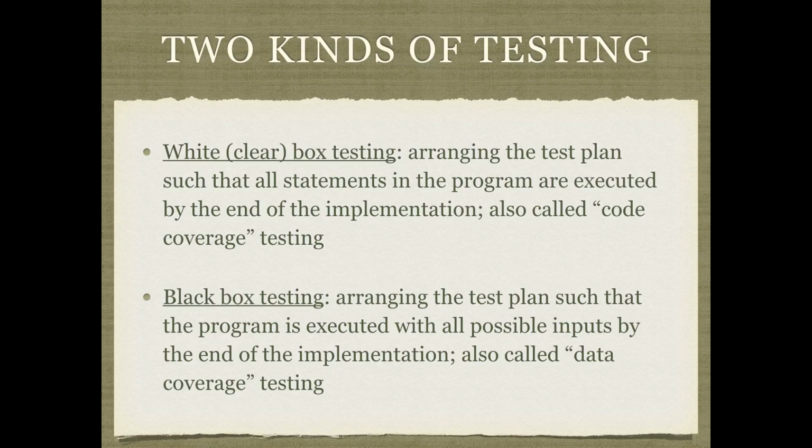So in this case, we don't know exactly what's happening inside the box, but we know what we're providing as input and what we're getting as output, which provides the name data coverage testing. So the emphasis with black box testing is more on all different kinds of possible combinations of inputs and outputs, all kinds of data coming in and going out.